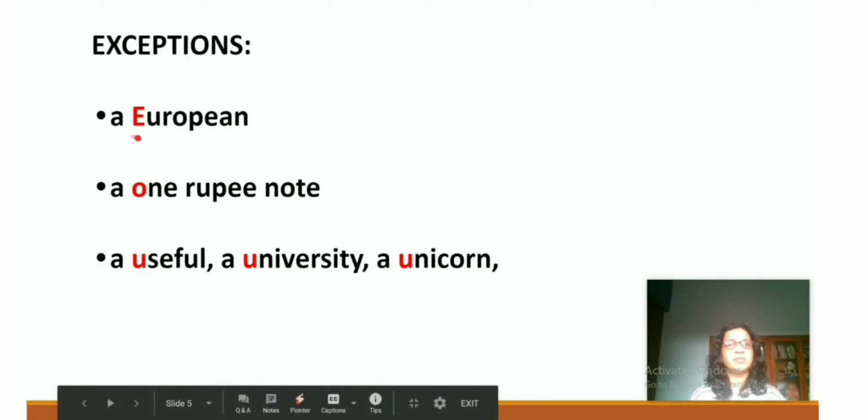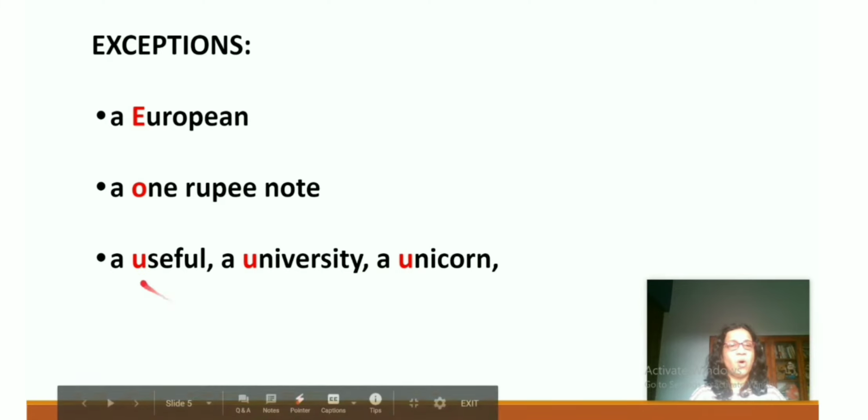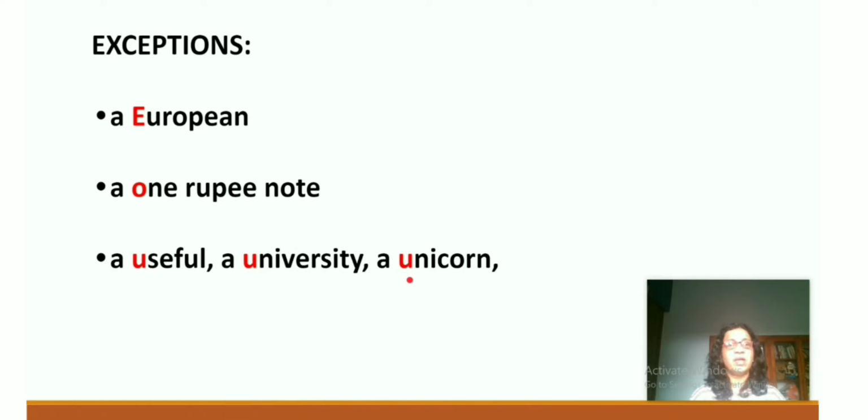Now look at these words: European, one, useful, university, unicorn. All these words, though they start with a vowel, you do not use an, you use a, because they start with a vowel but the sound is not of a vowel.